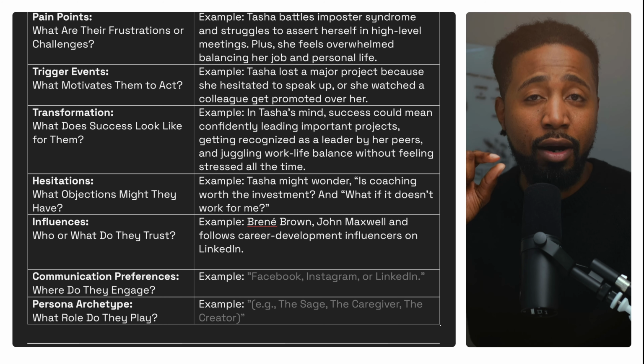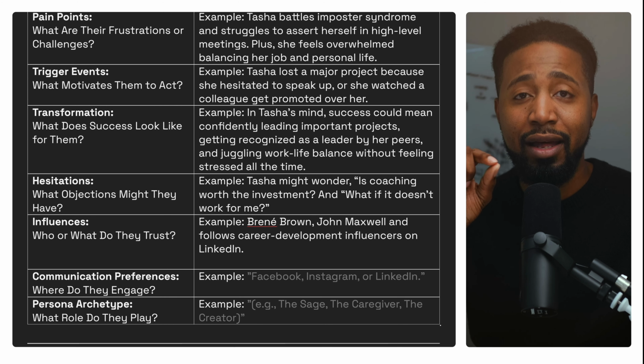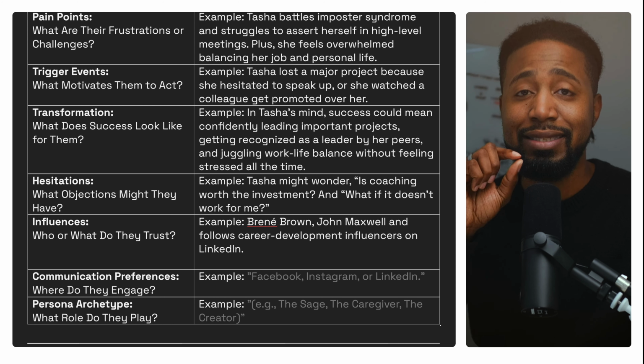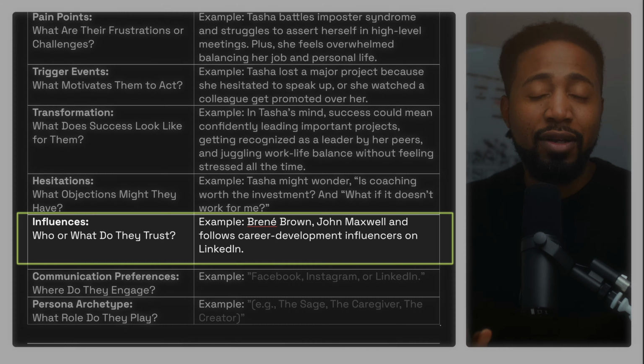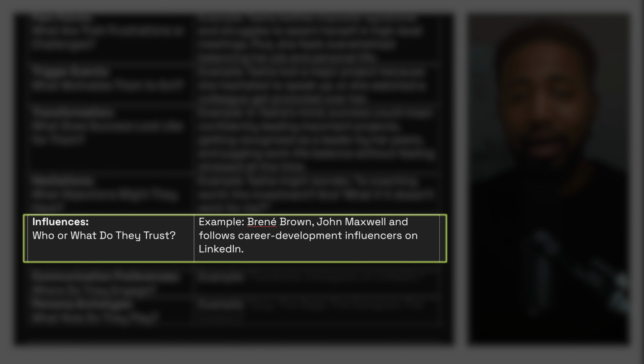So if you partner with, reference, or align with those sources, you'll be building credibility in Tasha's eyes, or your Proto-Persona's eyes. Here, you're kind of leveraging other people's audience to get a better picture of your persona.